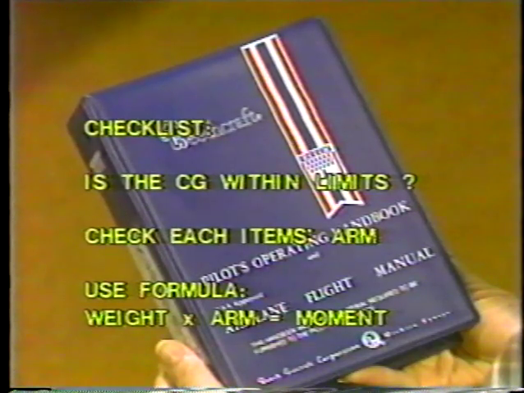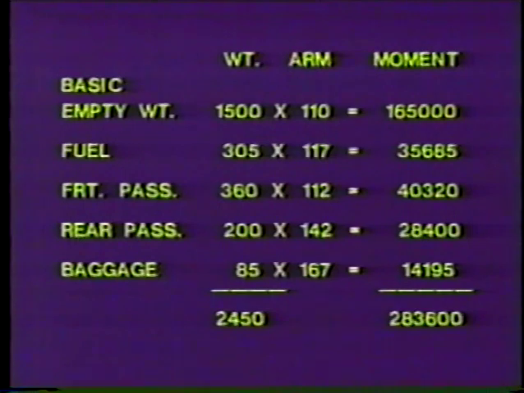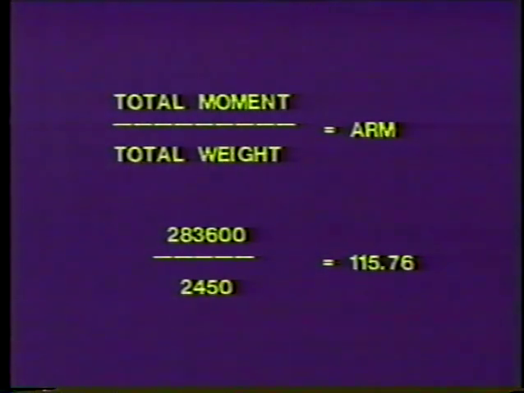Also, loaded under these conditions, is the center of gravity within limits? Begin by consulting the pilot's operating handbook for this particular airplane to find each particular item's arm, and then use the formula weight times arm equals moment. Your worksheet should now look like this. We now have all the information needed to calculate the center of gravity.